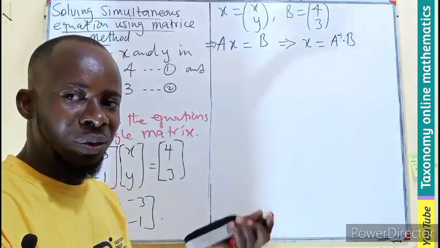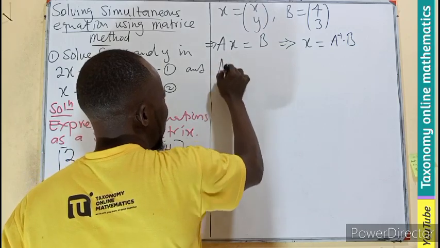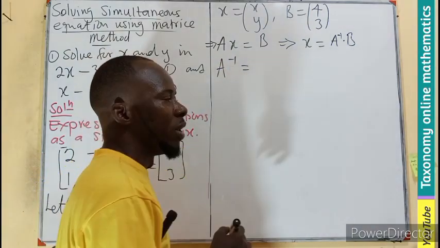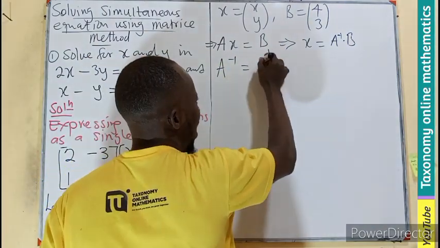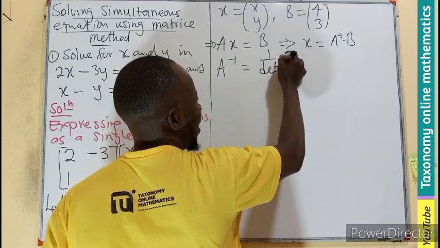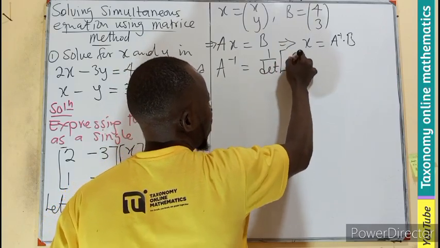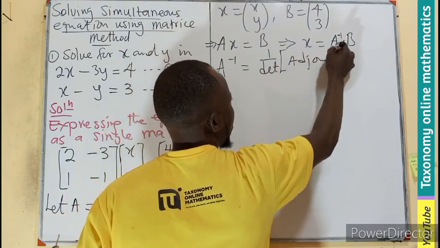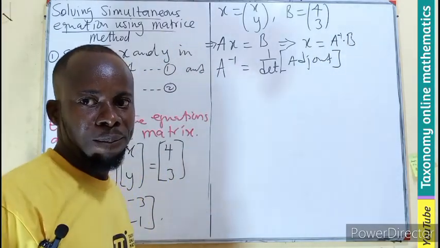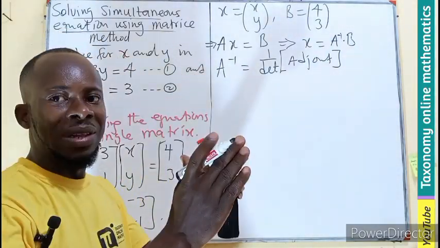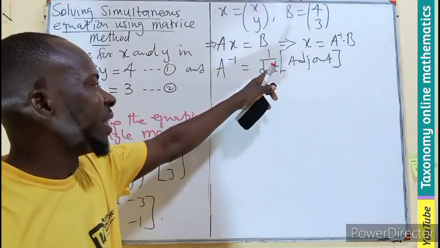So how do we find the inverse? We have to find the inverse using matrix. So we know the inverse of A is going to be 1 over the determinant times the adjoint of the matrix A. So we are going to put them in directly. How do we find the determinant?